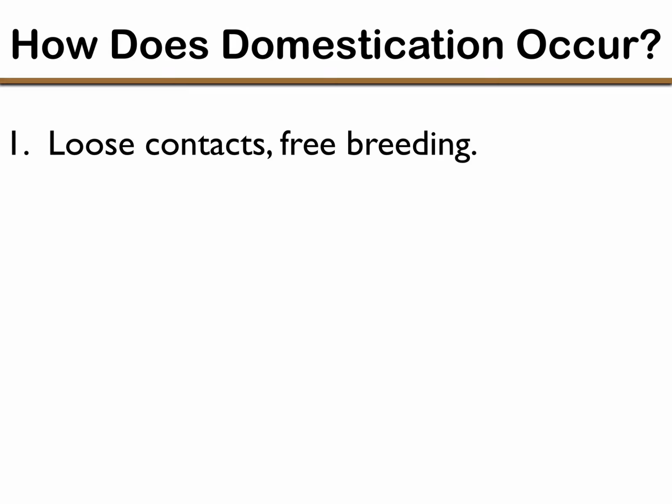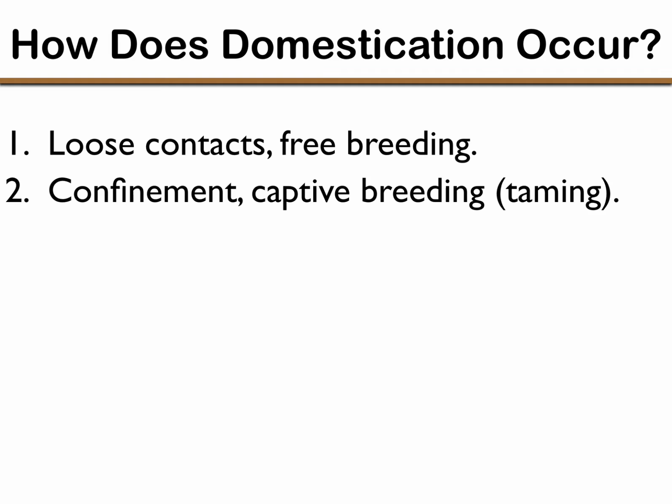You've done nothing to them at this point other than to maybe habituate them at least a little bit to your presence. Okay, now if that works, you can then try confining them, getting them to breed in captivity. Basically, you're trying to tame them down. Sometimes that works, sometimes it doesn't, but it's going to vary from species to species.